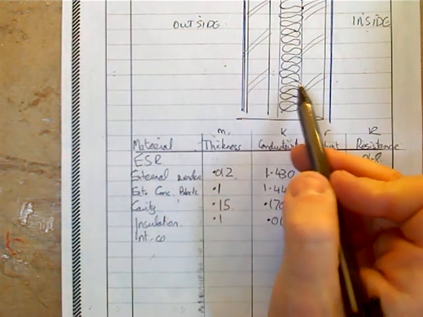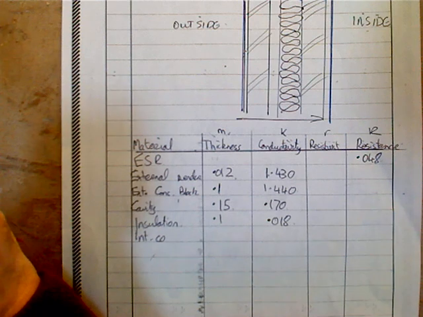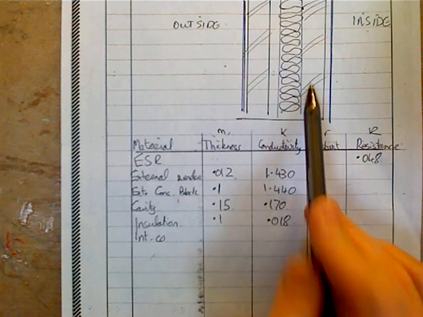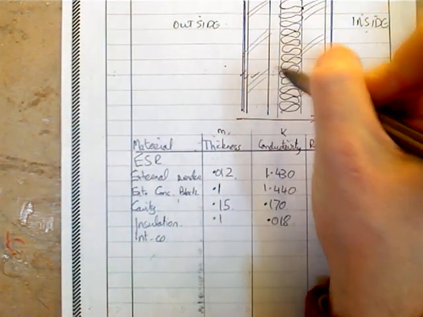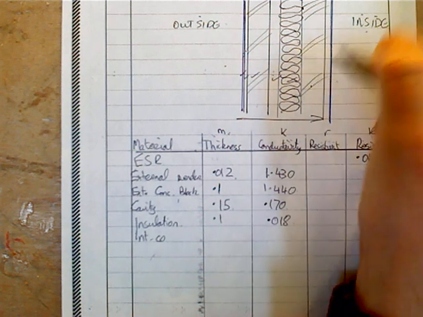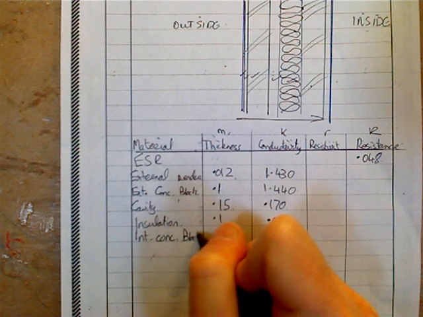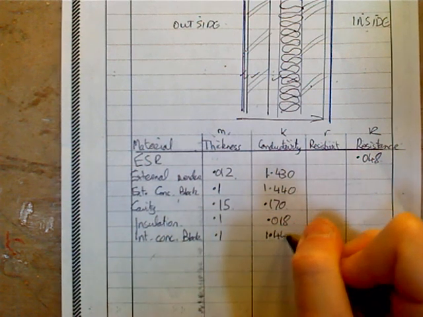This is why we draw it, because if I was going by the information given to me in the table, I might forget about that internal block. So by drawing it, we can tick off our list, knowing what products we have. So the internal concrete block is 0.1 in thickness, and its value is the same as above.